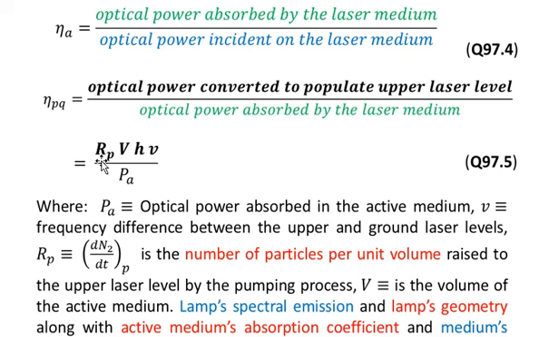And the mathematical expression for that is capital Rp, capital V multiplied by h nu. So the numerator in equation number 5 is actually PM.